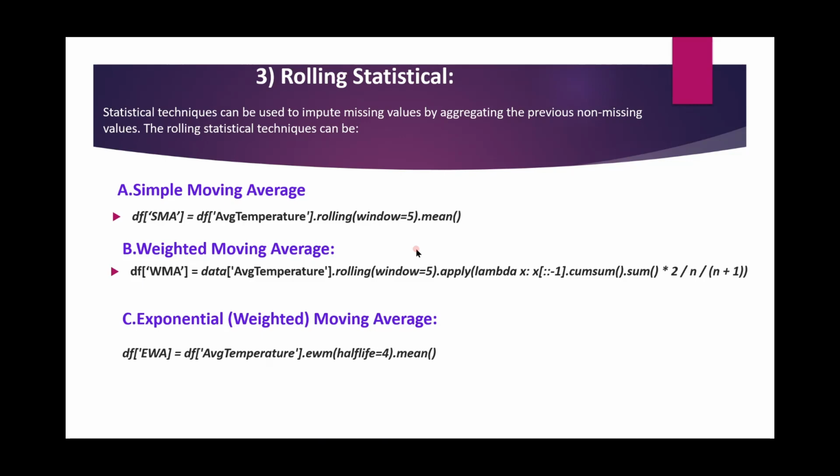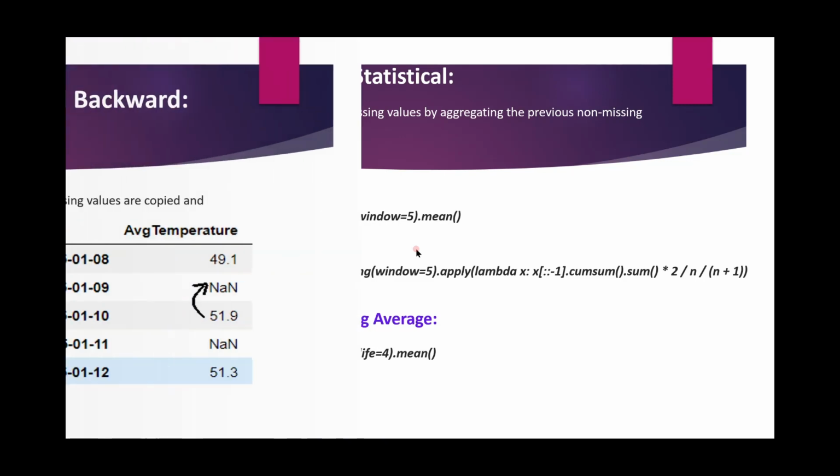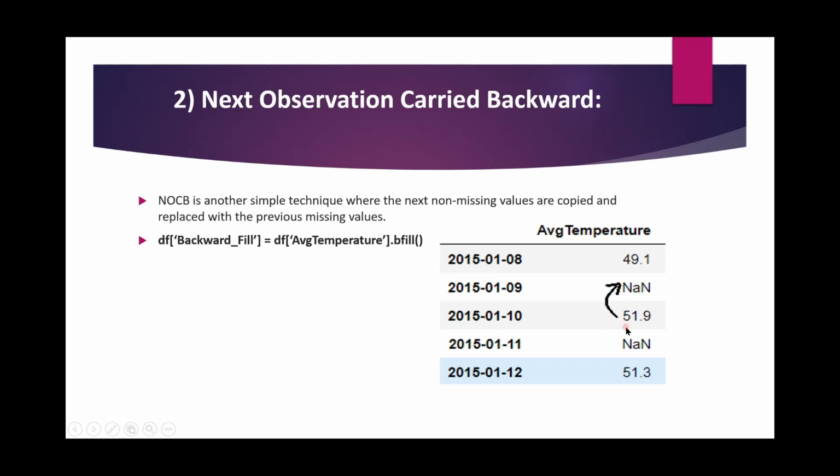That means you are taking the average of previous non-missing values to impute null values. You can see, let's fill this value with 49.1, and to impute these none values you are taking aggregation of these 3 values. It will lead to around 50.2 or 50.3.